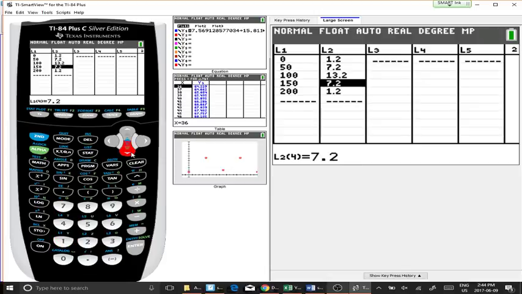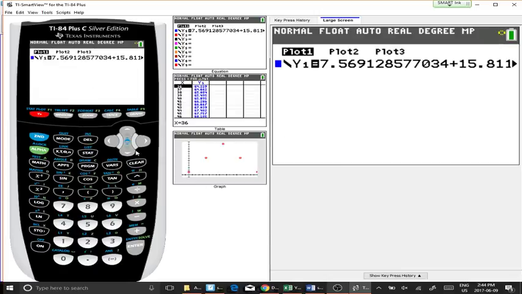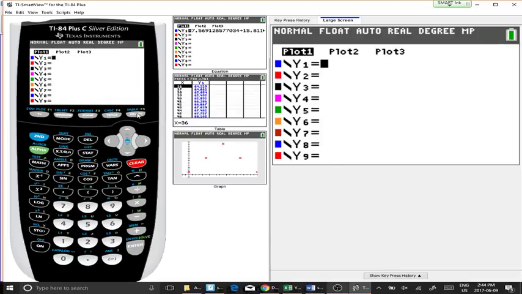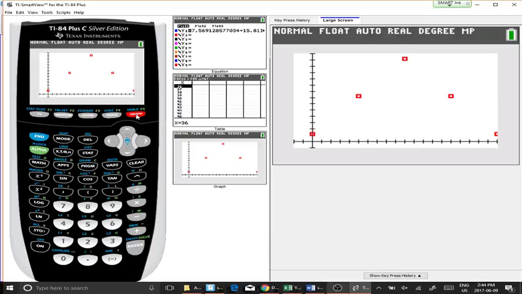I think I typed in, it just didn't hit register. Now, I'm going to go to my y equals. I'm going to clear the equation that's there and then hit graph. And when we hit graph, it's hard to see that as a smooth curve because it kind of looks like a triangle, but it would be a smooth curve that goes through those points.